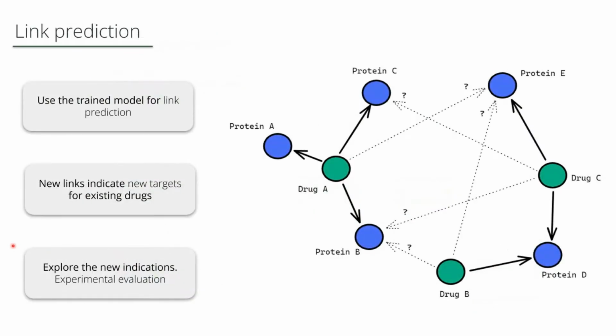So in a few words, the final model can now be used for the link prediction in unknown drug-protein pairs. The prediction of a new link will indicate a new target for an existing drug, enabling drug repurposing. The new link predictions should always be experimentally evaluated.